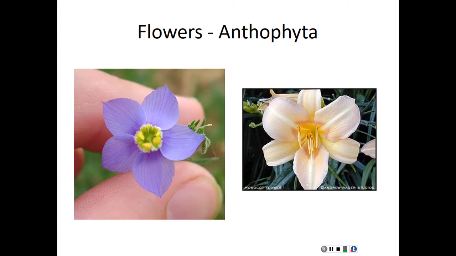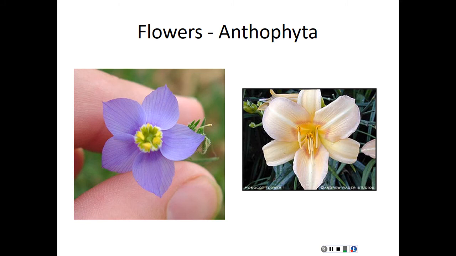Okay. Another obvious difference between angiosperms and gymnosperms is that angiosperms have flowers, which is why they're pretty, and we give them to each other for Valentine's Day and crap like that. So flowers are the sexual structures, and the reason flowers are pretty is because a lot of angiosperms are pollinated by animals, and they serve as a means to attract the animals.